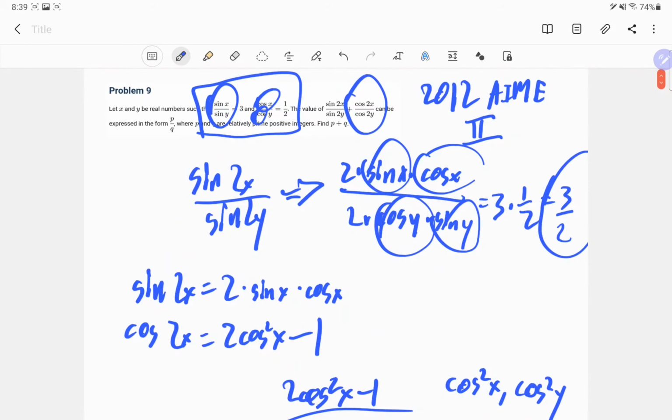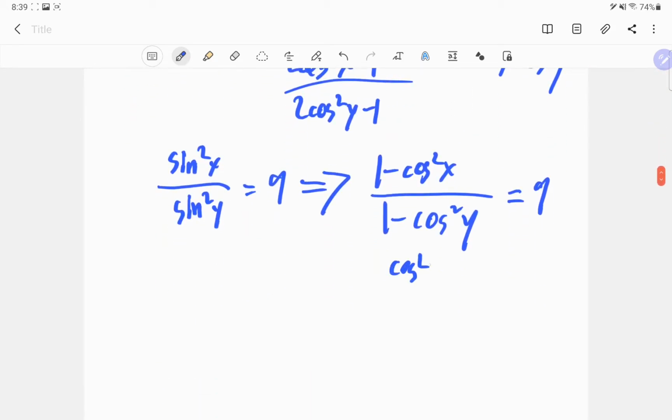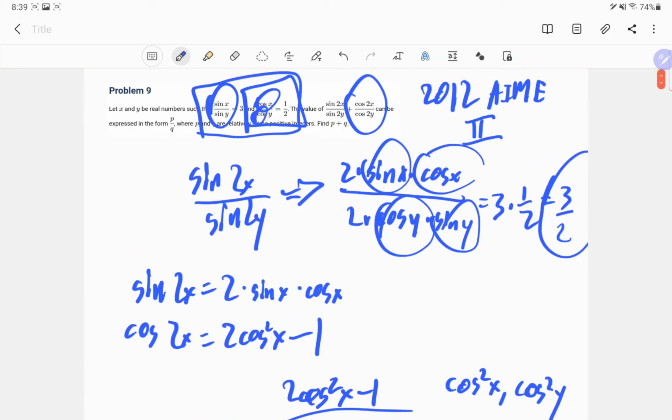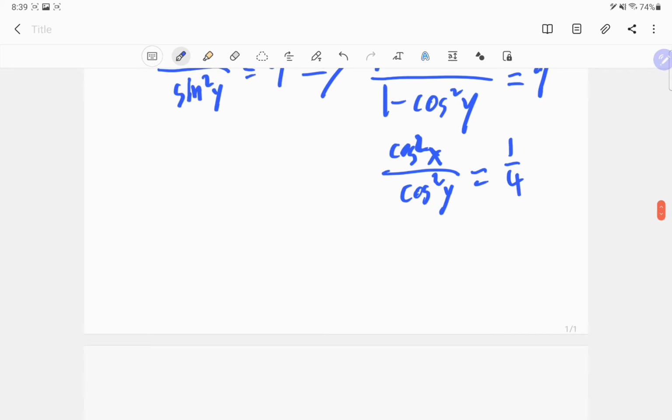And the second condition gives cosine squared x divided by cosine squared y is equal to 1/4, because this is 1/2 over here.